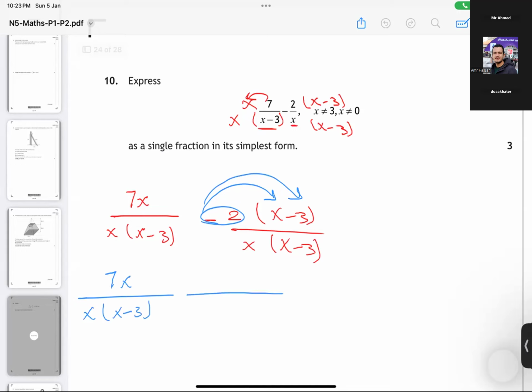When we distribute it, remember, this one is negative 2, it's not 2. Negative 2 times x is negative 2x plus 6. So 7x minus 2x is going to be 5x plus 6, divided by x multiplied by x minus 3. Do it again.